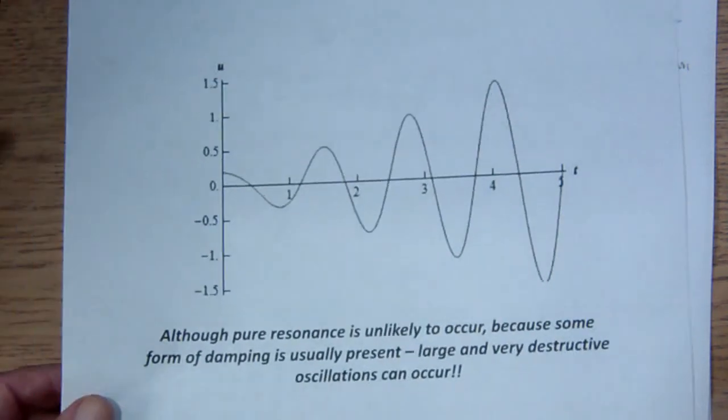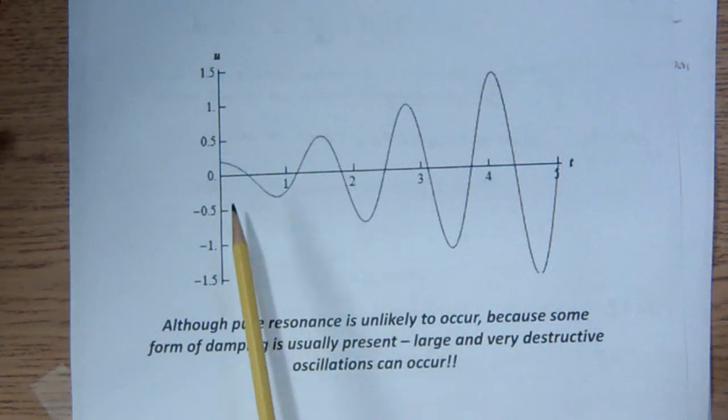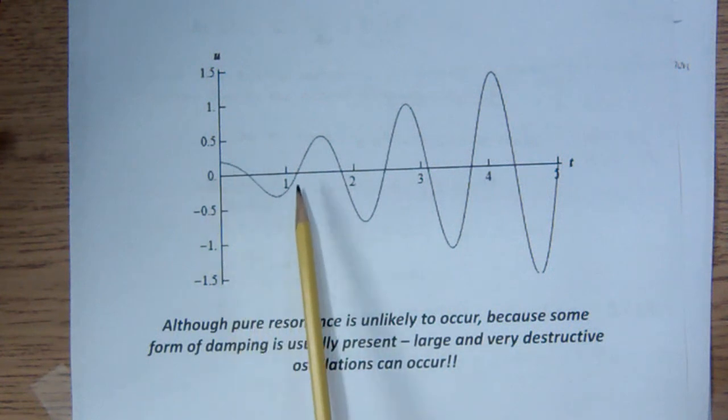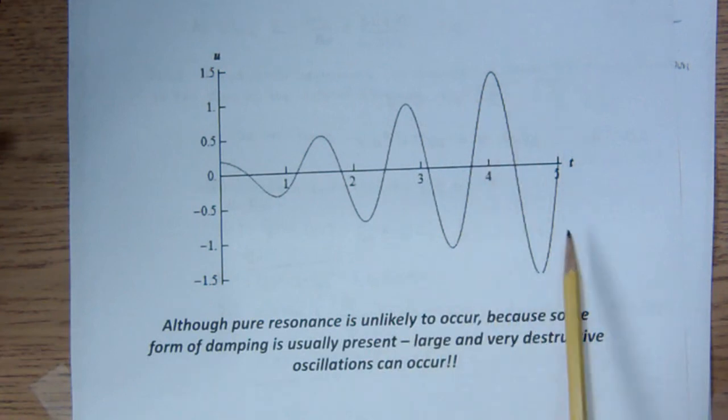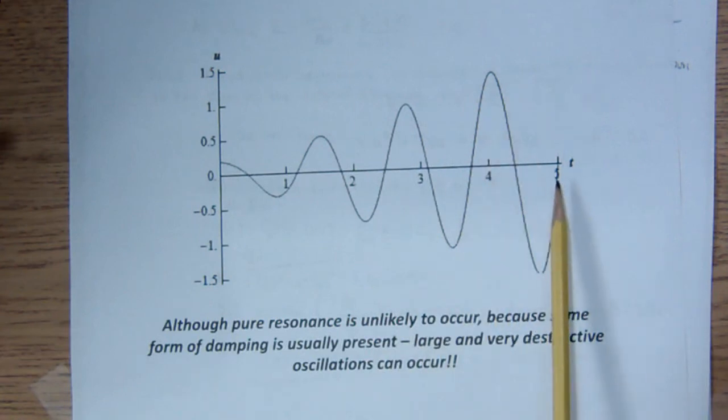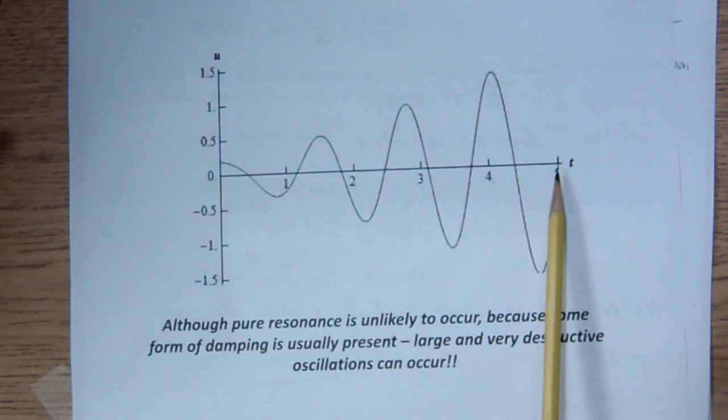So here is the graph that we get. The oscillation starts like this, but it starts growing, and as t gets bigger, the oscillation gets wilder and wilder and wilder. Eventually, this is going to break your spring, or it's going to break whatever system you have, perhaps the airplane wings that you've designed and things like that.